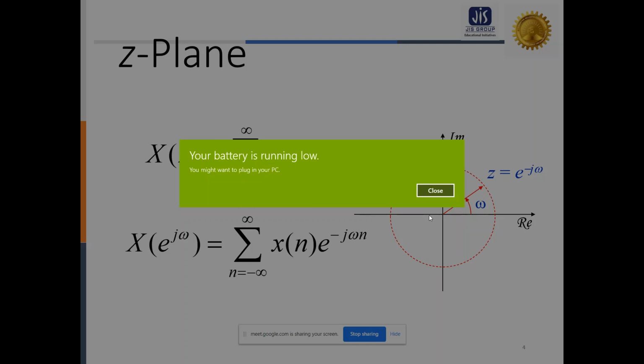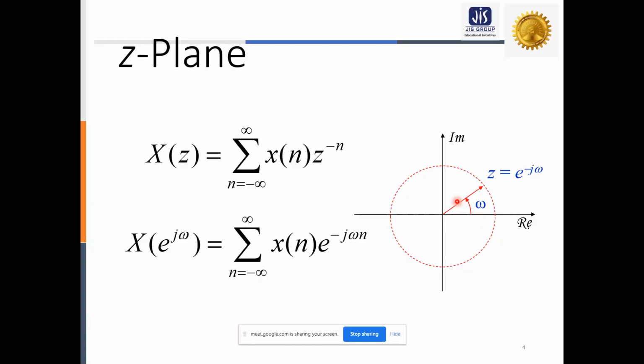This z variable is at an angle of omega. This omega can be varied from 0 to 2 pi, so it can rotate 360 degrees. So z is equal to e to the power minus j omega, and X(e to the power j omega) is the summation of x[n] e to the power minus j omega n.